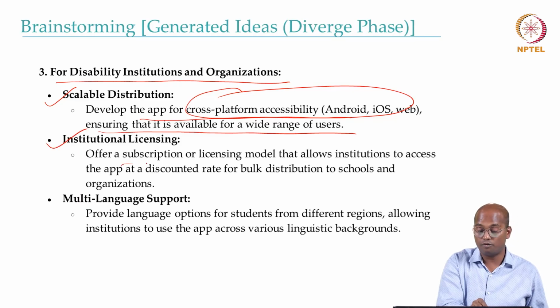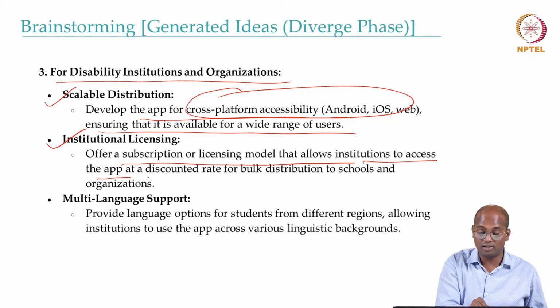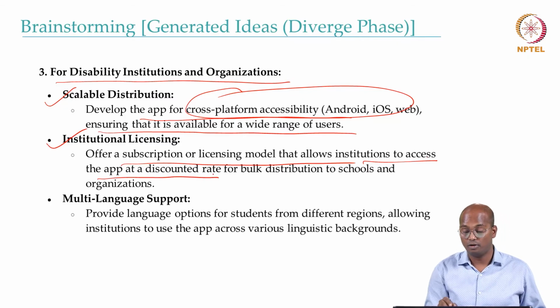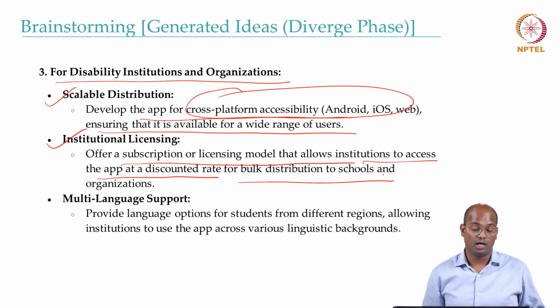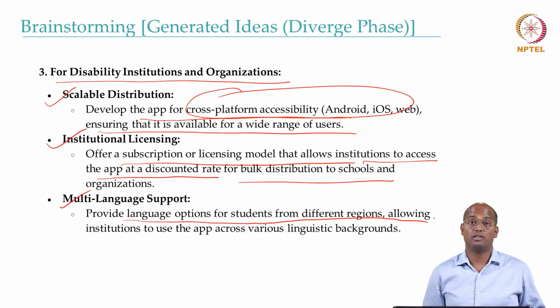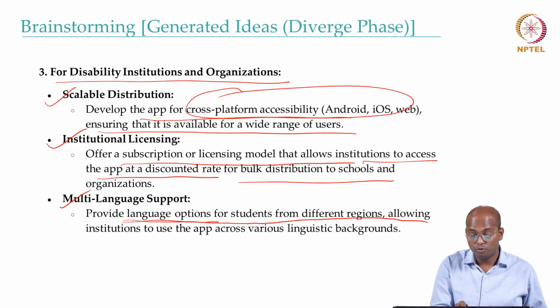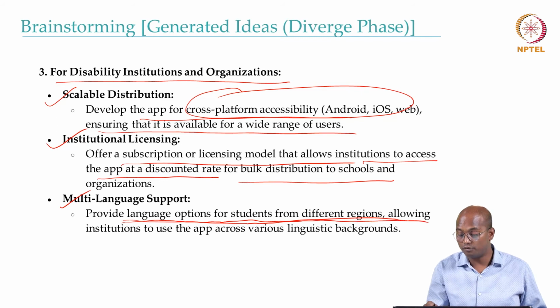Ensuring that it is available for a wide range of users. Institutional licensing: offer a subscription or licensing model that allows institutions to access the app at a discounted rate for bulk distribution to schools and organizations. So the purpose is how we can help as many people as we can and, at the same time, be sustainable. As discussed earlier, for multilingual support we have to provide language options for students from different regions.